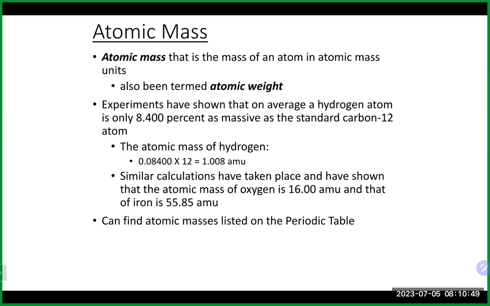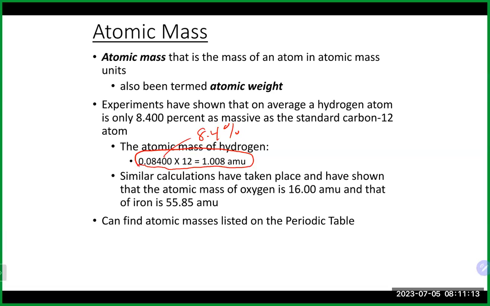That's one way they could get the number that we see on the periodic table. That's 8.4% converted into a decimal, right? Move it 2 places to the left or divide by 100. We'll do that for you, and we get something like 1.008 there for hydrogen. Similar calculations, again, for all elements can be found on the table there.